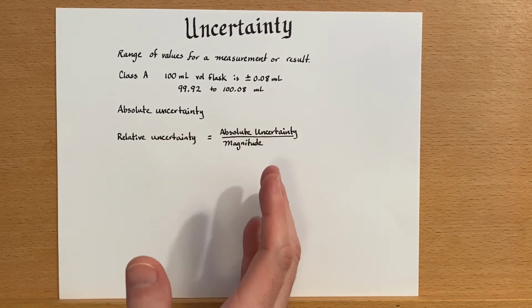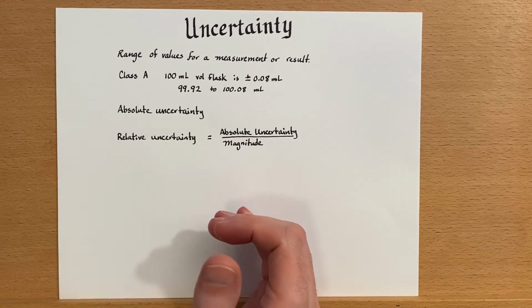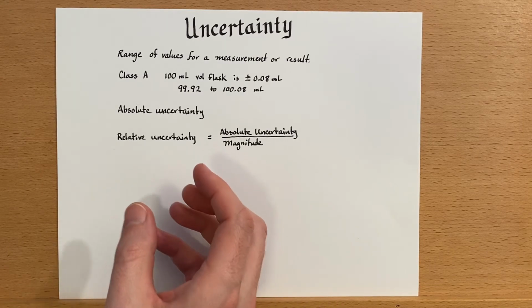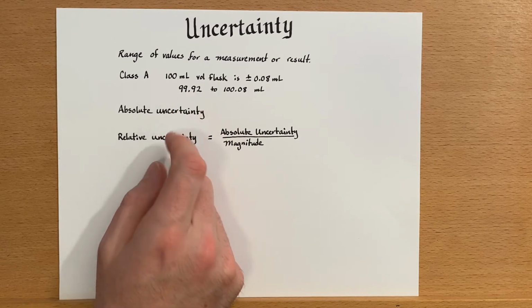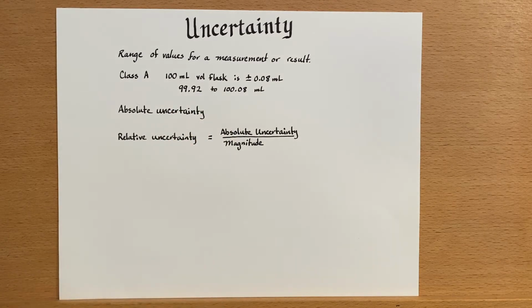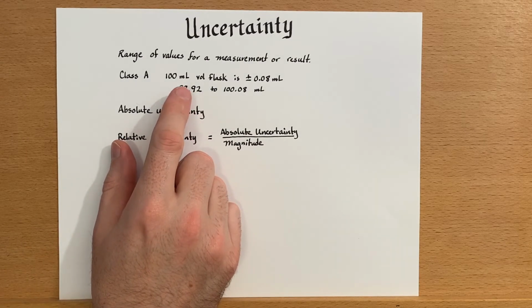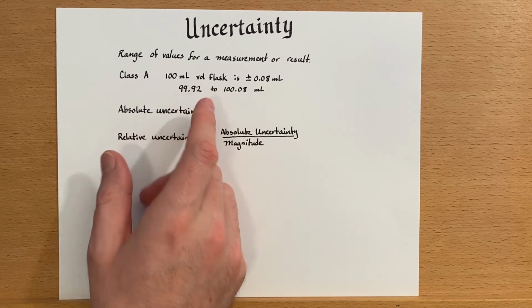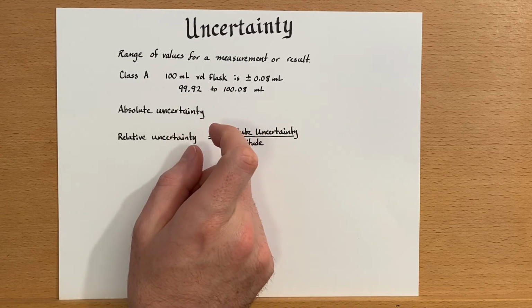Now, it's possible to lower the amount of uncertainty in a measurement or some object like this by first calibrating our equipment. And we could calibrate this equipment by measuring the volume of water, or whatever the solution is, in a different method other than by using this flask.